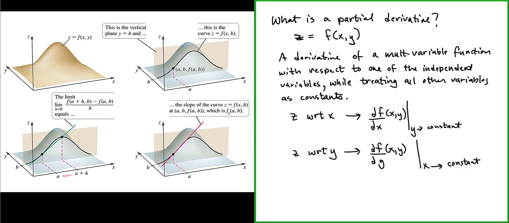So in other words, when you take the partial derivative with respect to x, you treat y as a constant. And if you take the partial derivative with respect to y, you treat x as a constant. Now, I could say these words, but let's do a sketch or two to see what it looks like in practice.